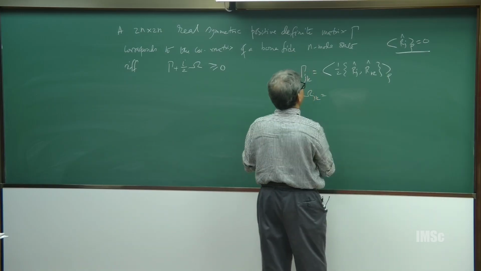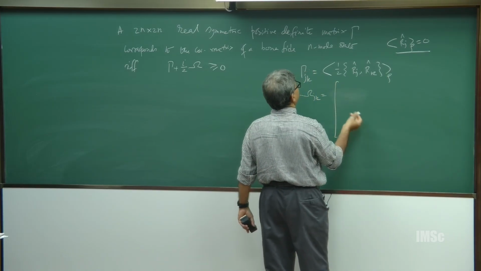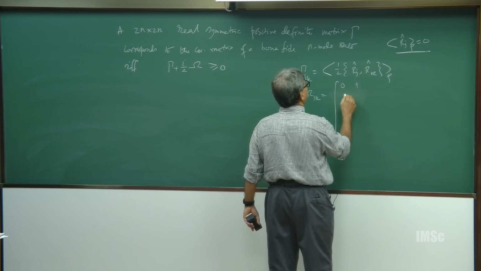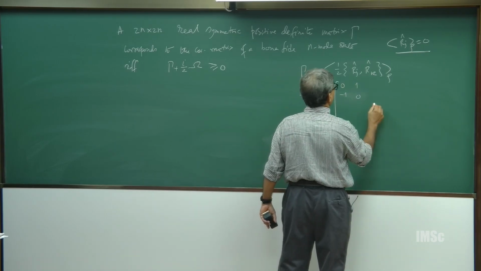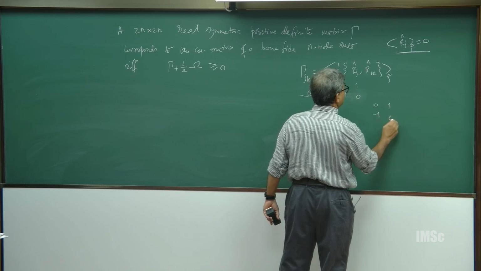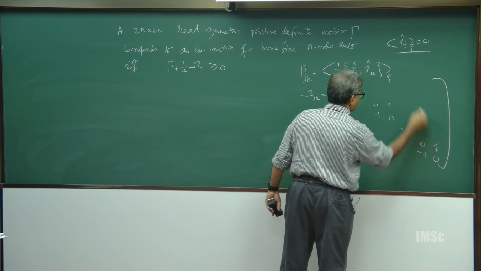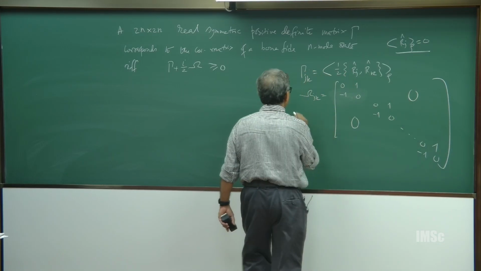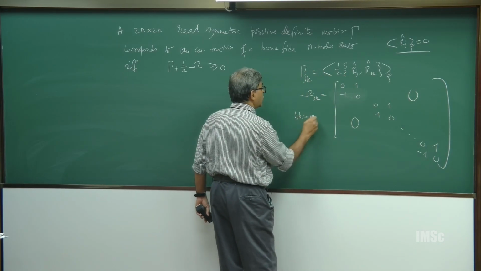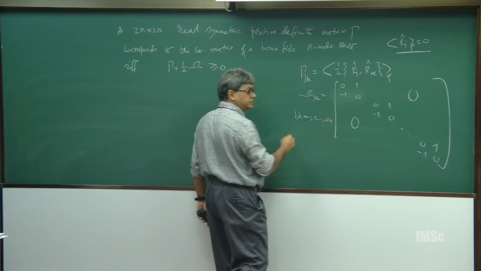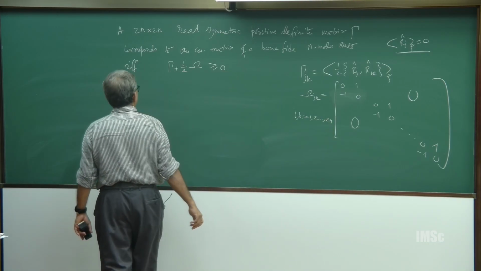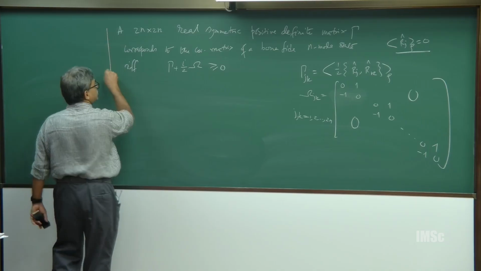So, it is like this matrix: 0 1 minus 1 0, then 0 1 minus 1 0, and so on, rest of these things are 0. So, all these are 1 2 3 up to twice n. Okay. So, this is what we have proved.